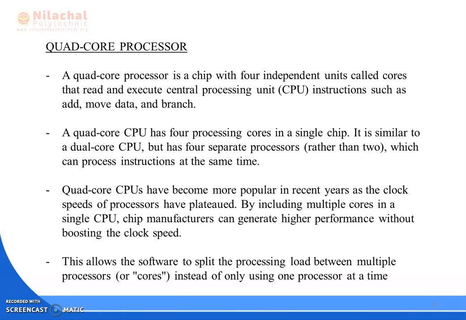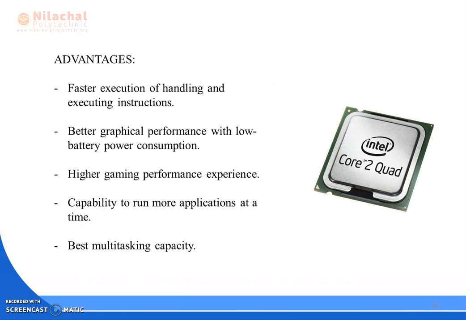It allows the software to split the processing load between the multiple processors instead of only using one processor at a time. So these are the advantages of the quad-core processors: it provides faster execution of instructions. It also provides better graphical performance with low battery power consumption.